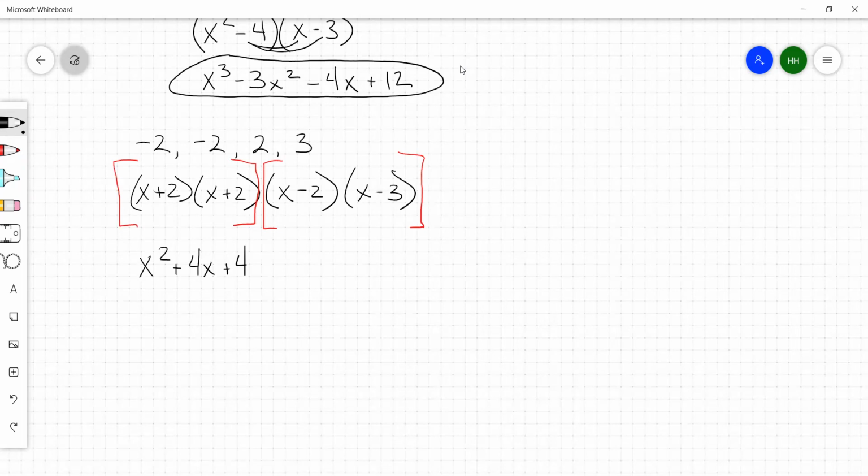And then I know that x minus 2 times x minus 3 is a positive x squared. If I add -2 to -3, I get -5x. And if I multiply -2 by -3, I get +6.